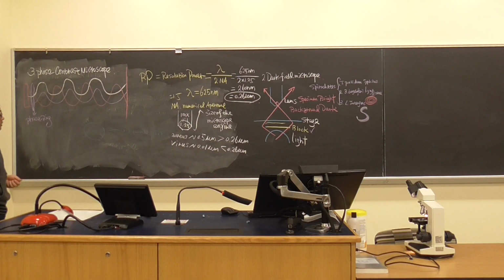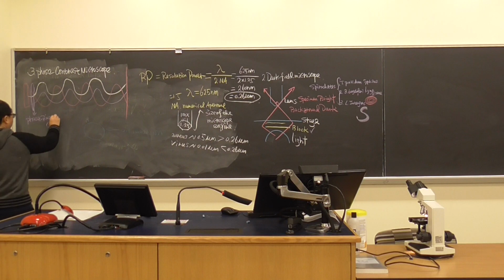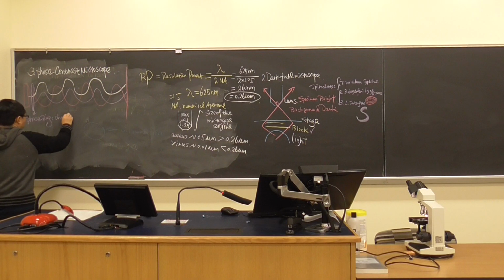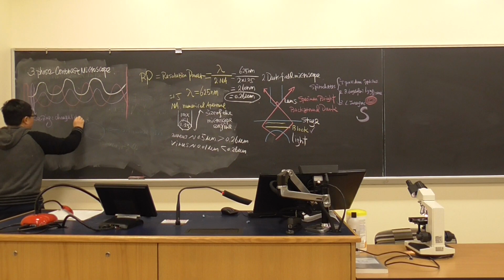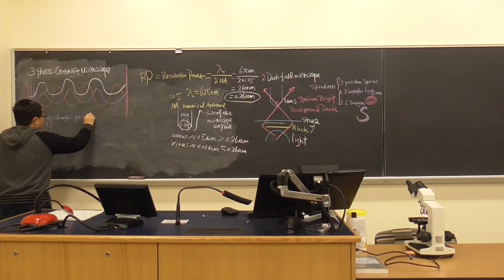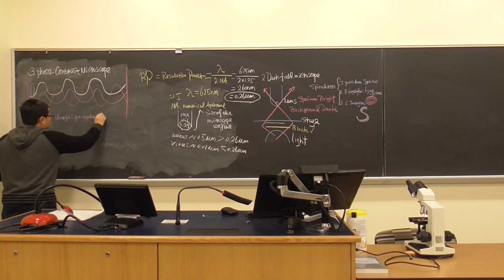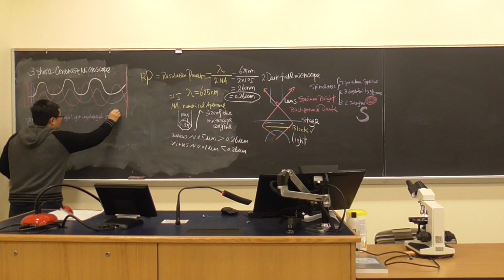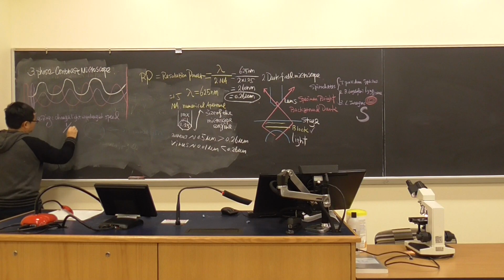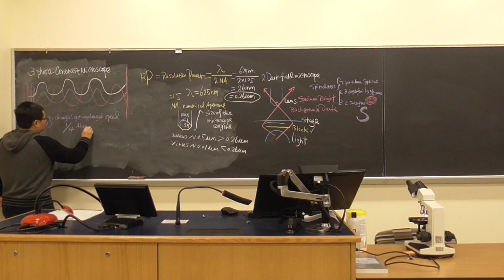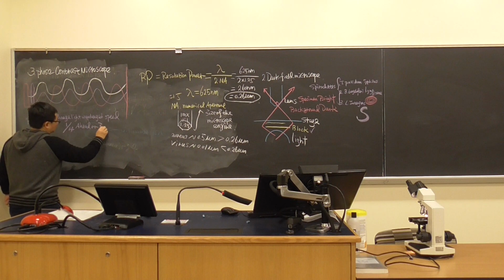The phase ring will change the light wavelength speed by about 1/4, either ahead or backwards.